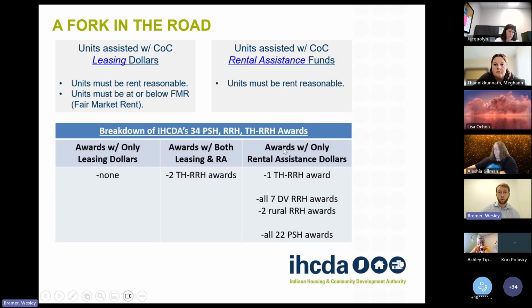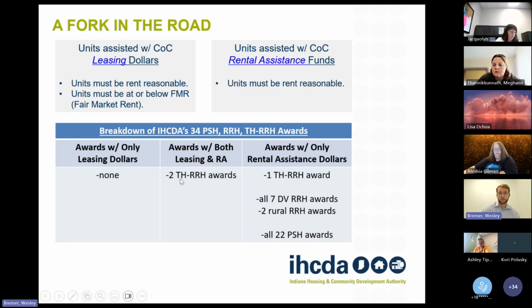But for the sub-recipient portfolio, we had 34 housing projects, I should say, this past year. And 32 of them only have rental assistance dollars on their awards.